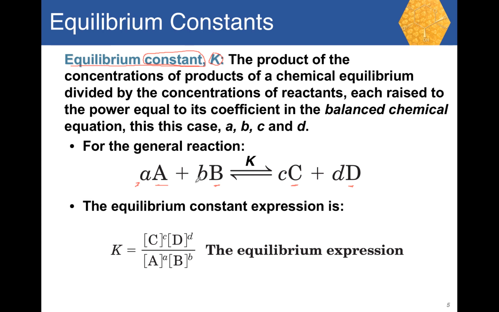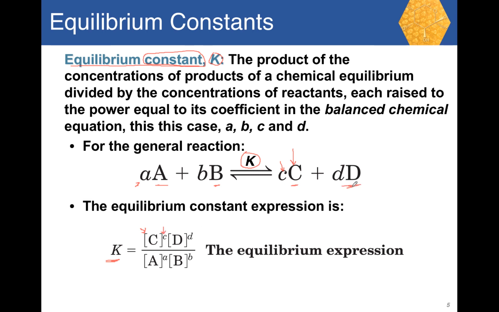It has been defined that the equilibrium constant is equal to the concentration of C, the product, in square brackets, which just means the units will be concentration, raised to the power of that coefficient.